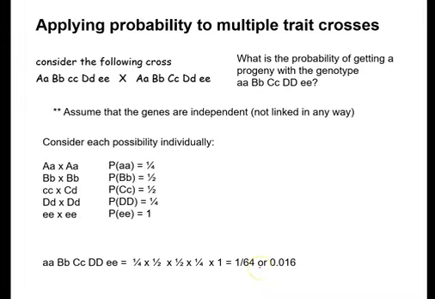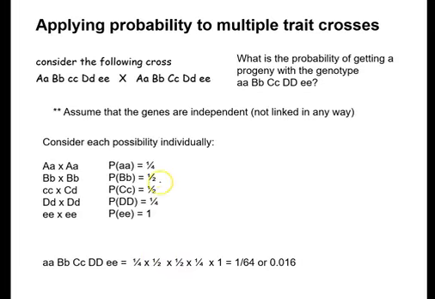So on a celebration of learning, I could give you any number of traits, all right, as long as I give you the genotype of the parents and the phenotype or the genotype we're looking for in the children, then you know how to do it because you just do each one individually. And then we use our adding and multiplication probabilities together, right? Figure it out.